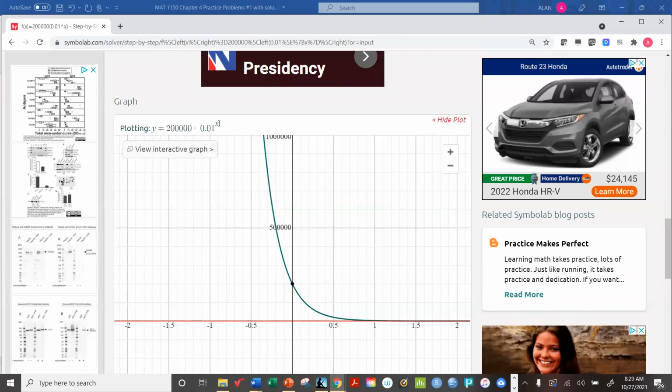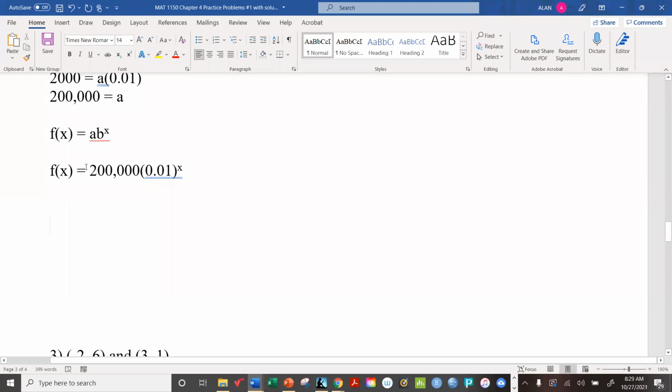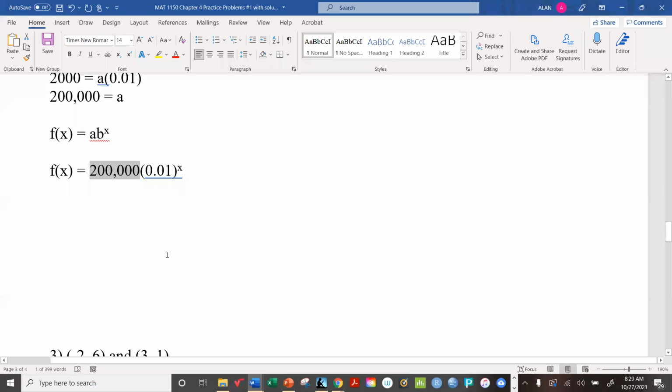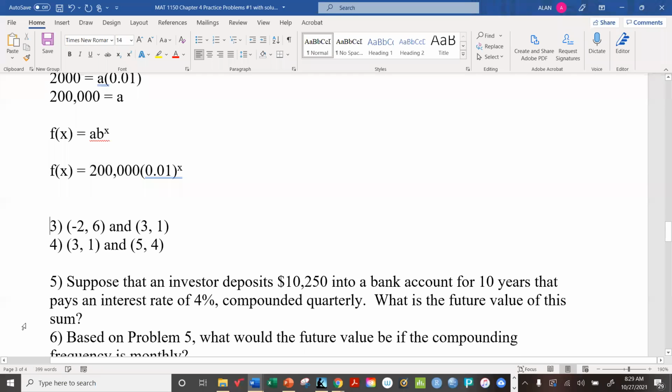And what that means is that when x gets bigger, this expression will get smaller. And by the way, here's where it cuts through the vertical axis, (0, 200,000), which is what we'd expect because a is meant to represent the value of the function when x equals 0. So this works exactly the way we thought. Nice. That's always good when it works out the way you hoped.